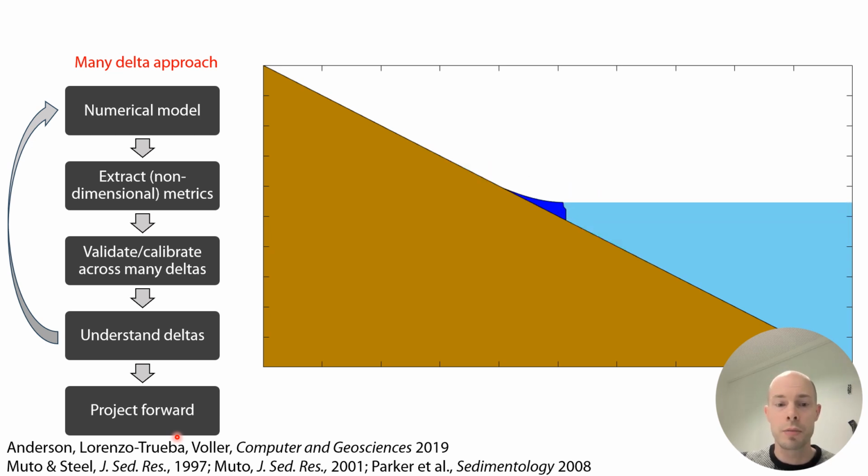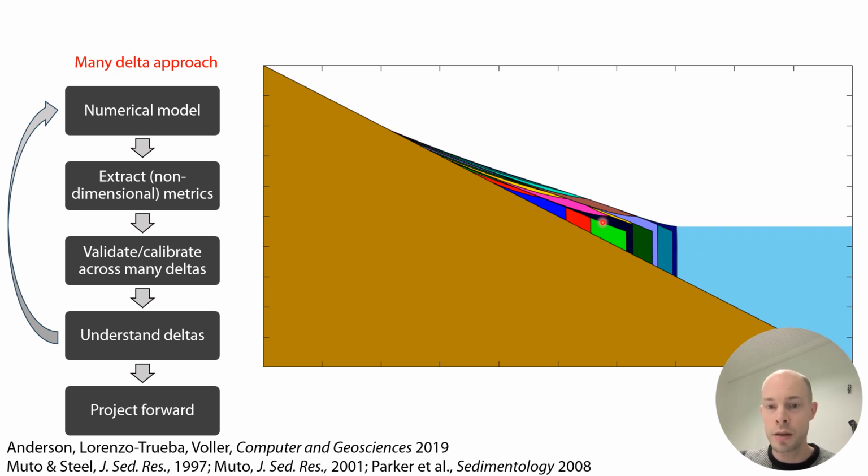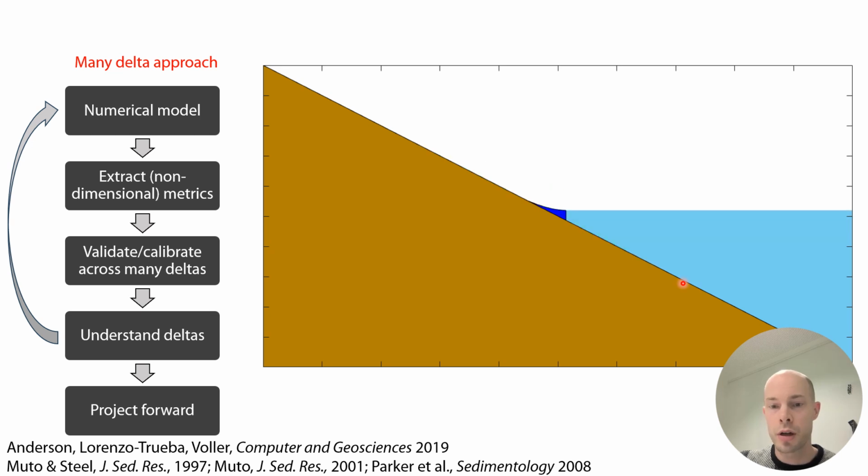And we used a very simple model, nicely illustrated by this movie from Anderson et al. 2019, where you see this blue shade here is sea level that moves up and down on glacial timescales. And you see here all of these colors are different delta snapshots in time. So during a transgression regression, it draws a new color.